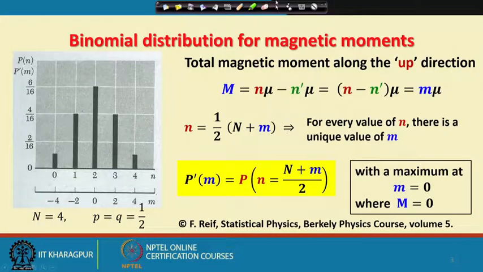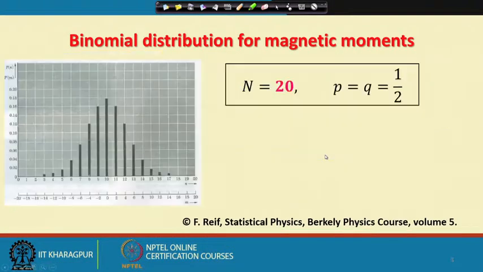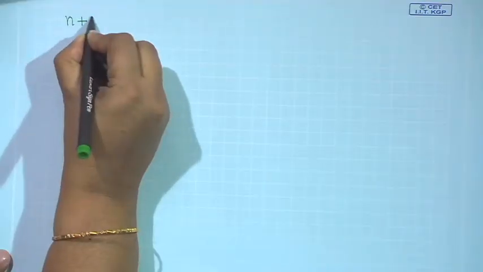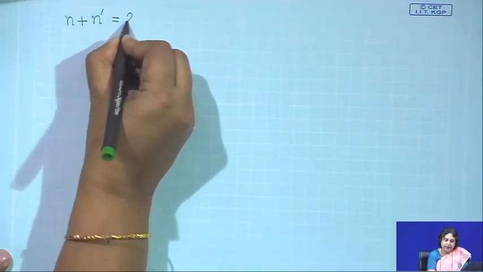Let us next have a look at how we can look for a larger number of spin-half particles, where there is no applied external field present, but I have a much larger number of spin-half particles. So, in this case, let me take n is equal to 20, and for this case therefore, I will have values of n plus n prime equal to 20.